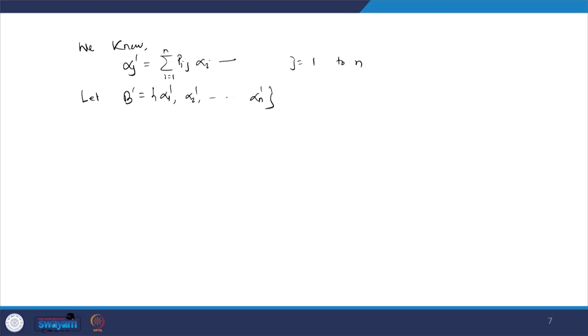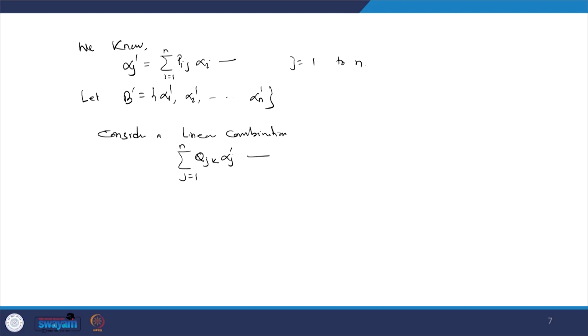So, what I will do, consider a linear combination like sigma q j k alpha j prime, j equal to 1 to n, please. If somehow I can show that these linear combinations give me an element from B, then also I am through.